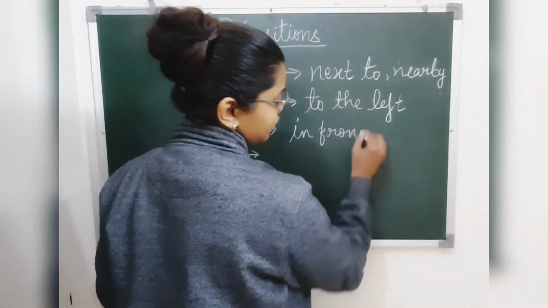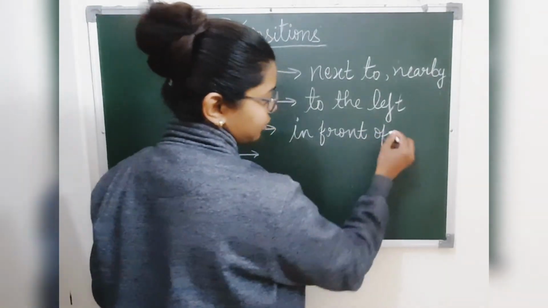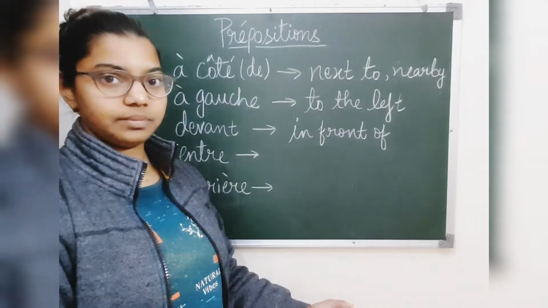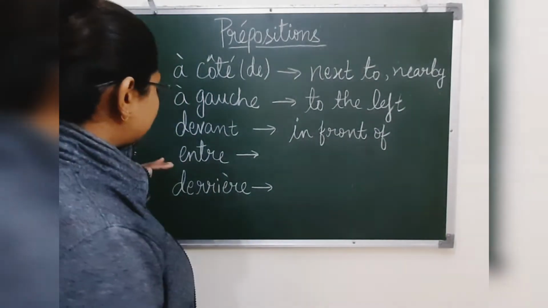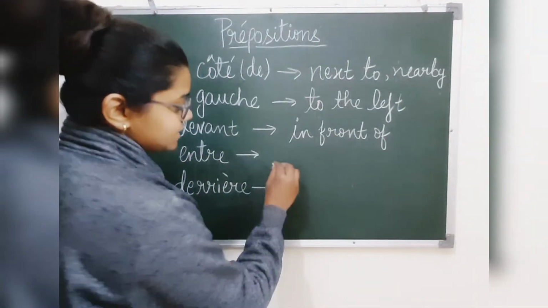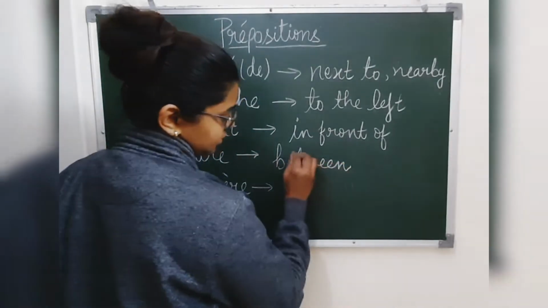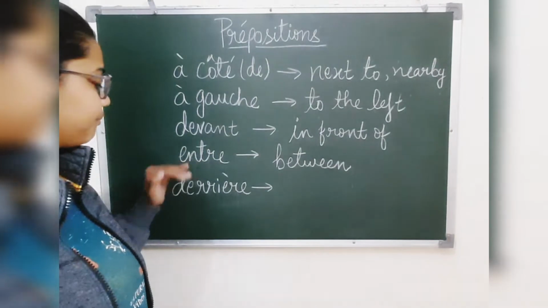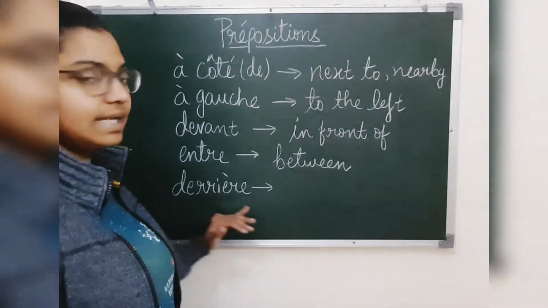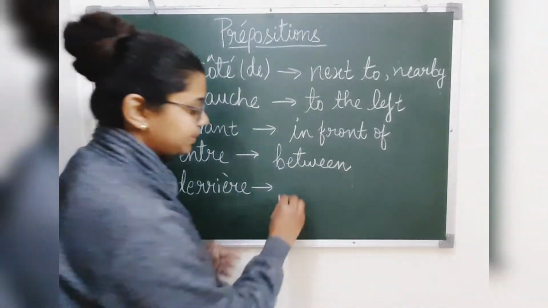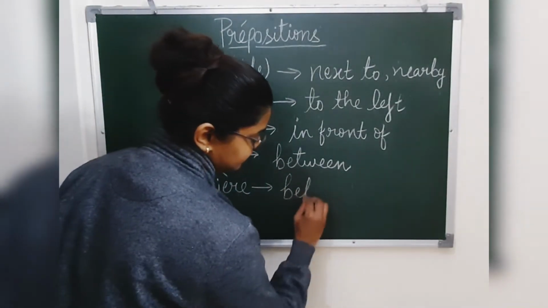Then entre. Entre means between. Number 5, derrière. Derrière means behind.